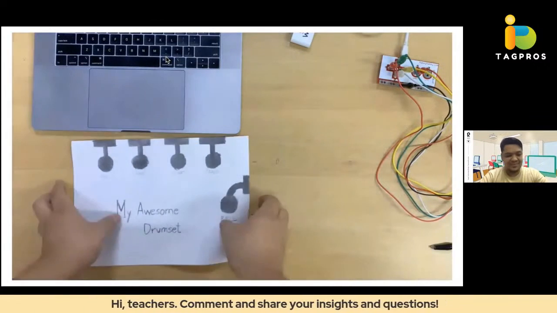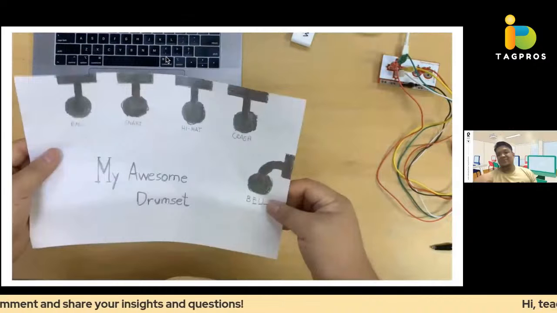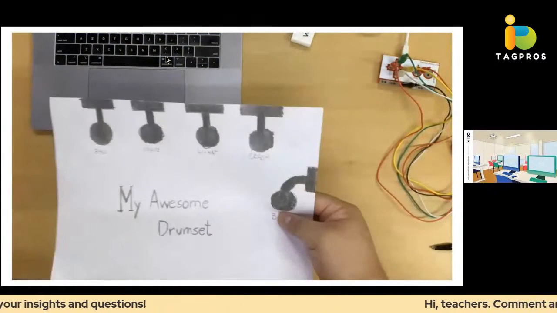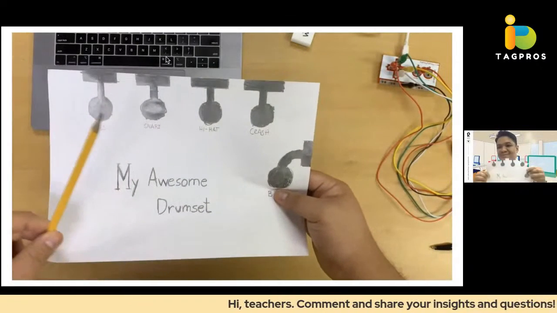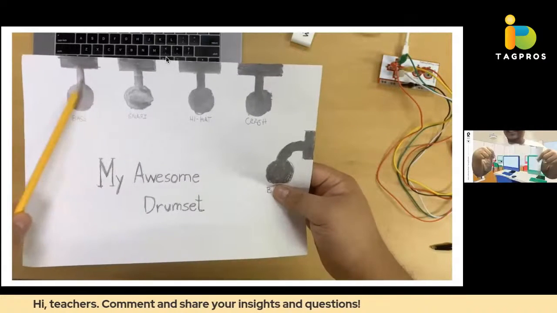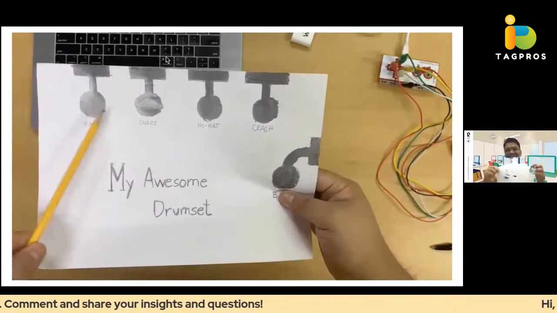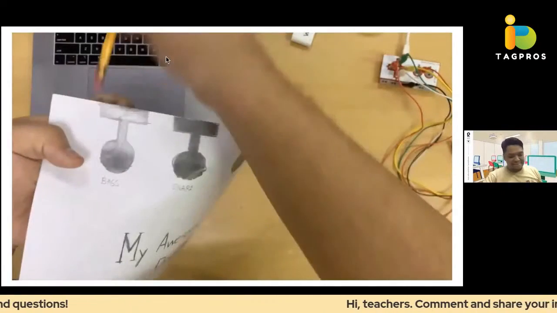Next is, I already prepared my awesome paper drum set. So I had this drawn earlier. I used a pencil so I could draw the buttons made of lead. So as you know, lead is a conductor.